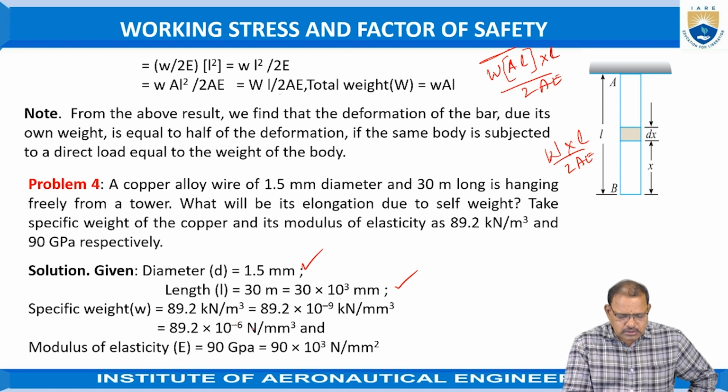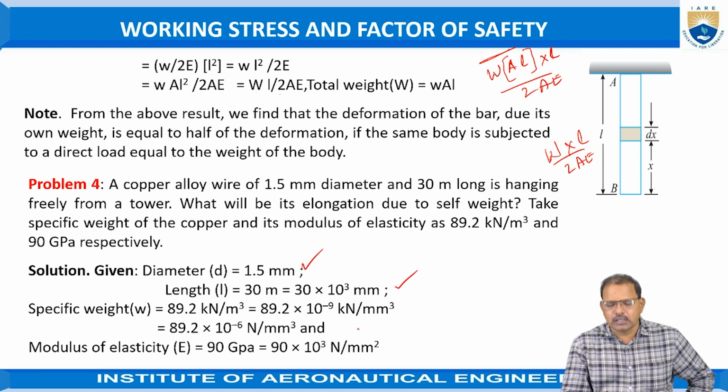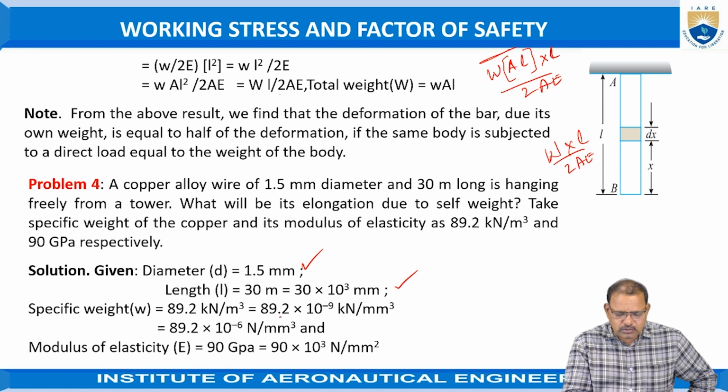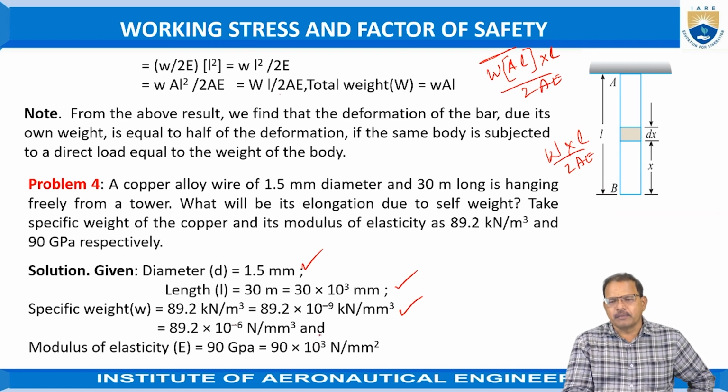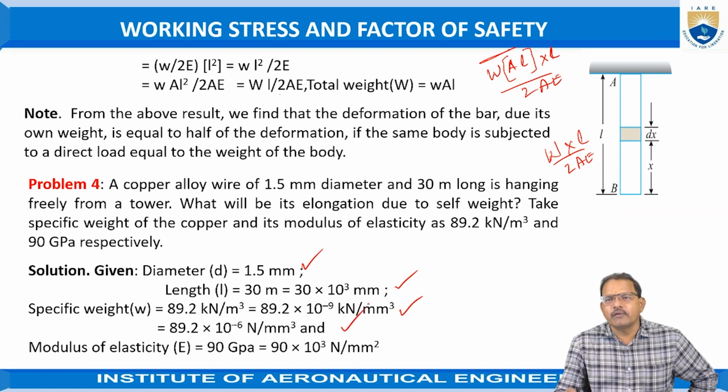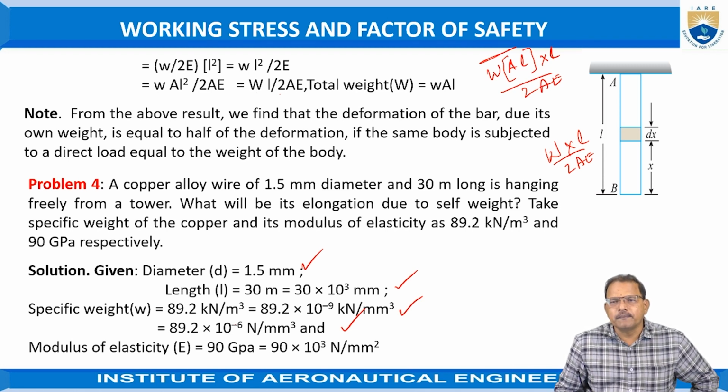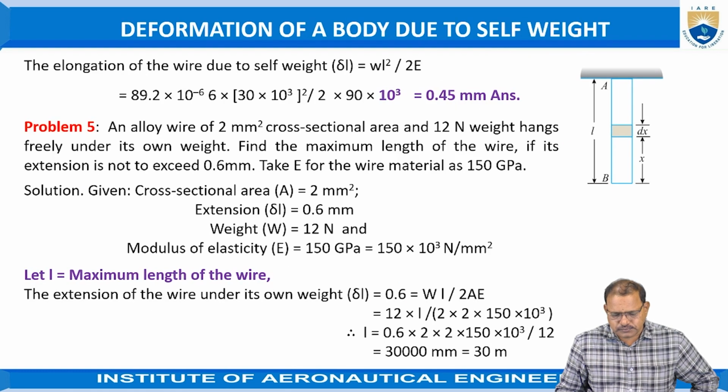We are expressing these values in terms of newtons and millimeters. Hence, it is equal to 89.2 into 10 to the power minus 9 kilonewton per mm cube, which is equal to 89.2 into 10 to the power minus 6 newton per mm cube. The modulus of elasticity is equal to 90 gigapascal, which is equal to 90 into 10 to the power 3 newton per mm square.